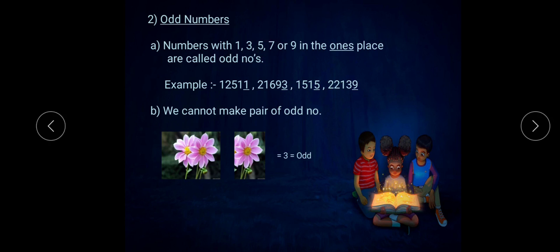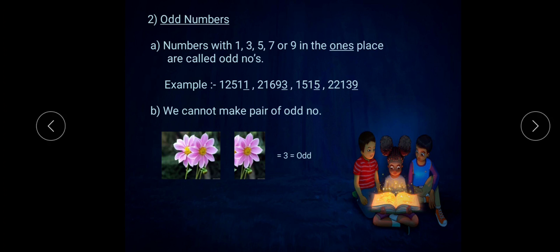It's having 5 in the last place. 22139. The last digit is 9. So the numbers having these digits, that is 1, 3, 5, 7 or 9 at the ones place are called odd numbers. And another thing, children, that is you cannot make pair of odd numbers.